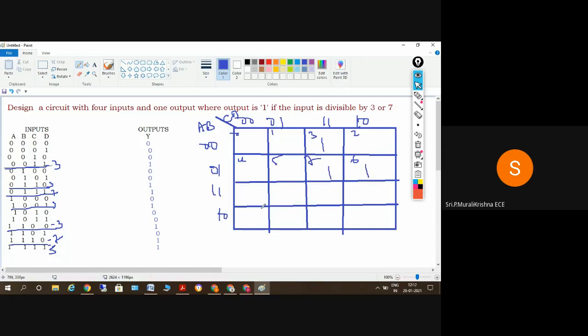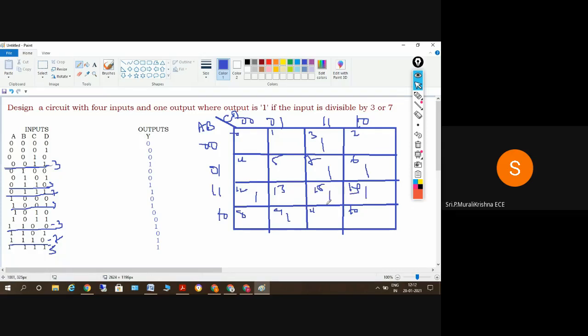Minterm 3, then 6 and 7, then 9, then 12, and 14. So these are equal to ones here.